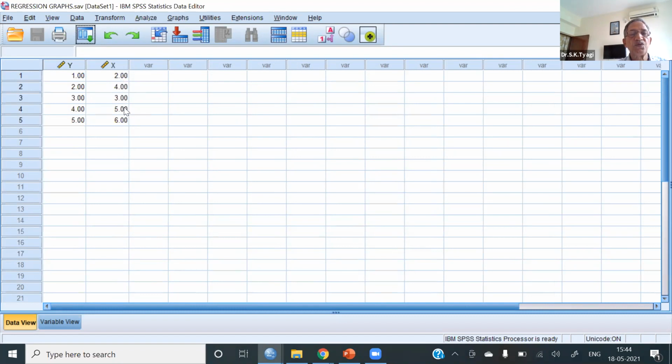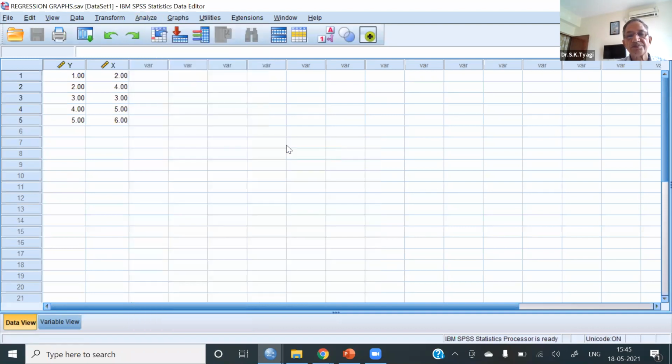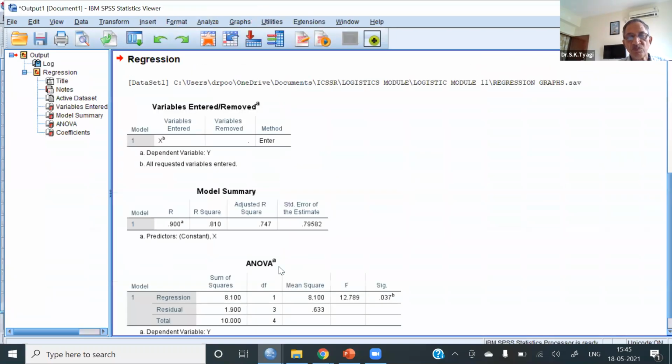This is X: 2, 4, 3, 5, 6. Data is entered similar to the correlation problem. So if we go to analyze and then regression, and put Y as dependent variable and X as independent variable, and just click OK. It is 1. Okay.